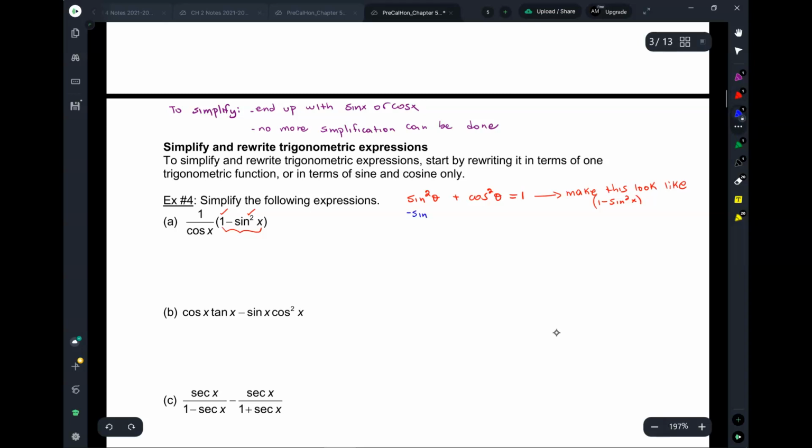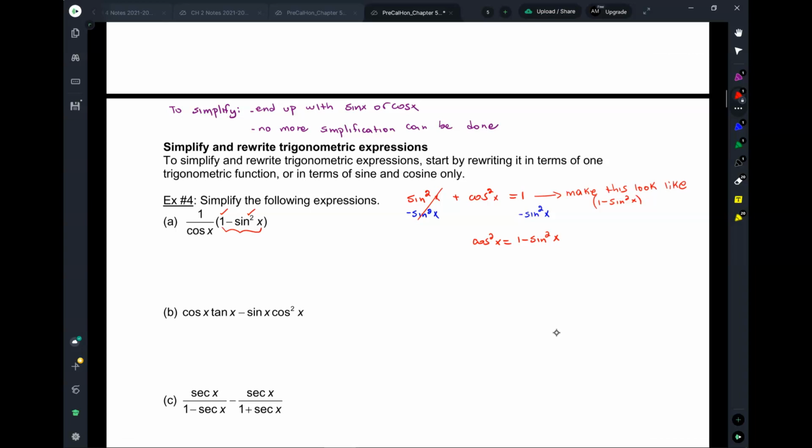How about if we subtract sine squared x from, let me change these to x's because the problem is in x's. How about if we subtract sine squared x from both sides? What do we have now? Cosine squared x equals 1 minus sine squared x. Is everybody okay with how I did that?